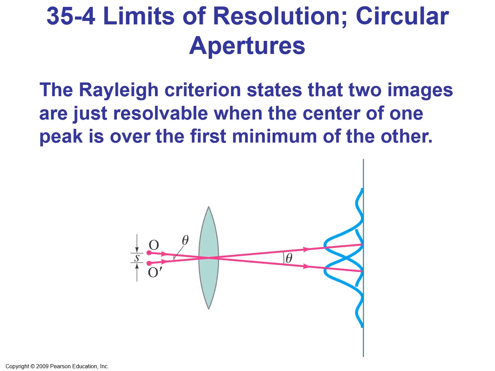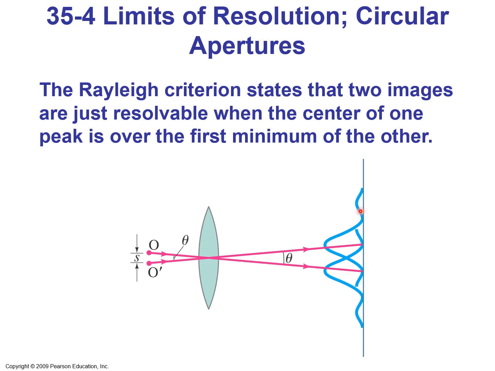The Rayleigh criterion states that two images are just resolvable when the center of one peak is over the first minimum of the other one. So if you have two objects separated by distance s, and they're placed at locations O and O prime, the rays of light coming from these two points forming angle theta reach the screen and form two diffraction patterns.